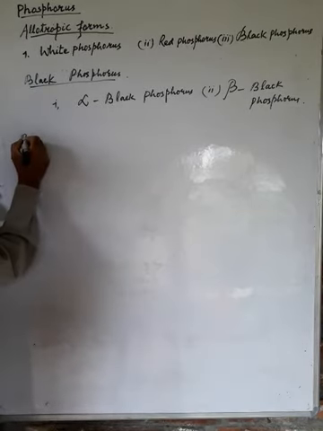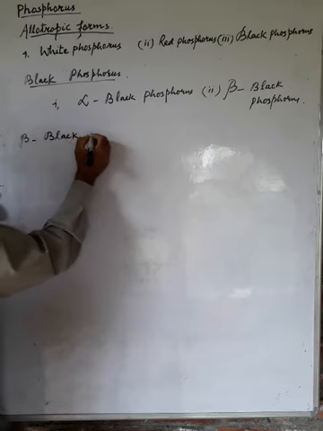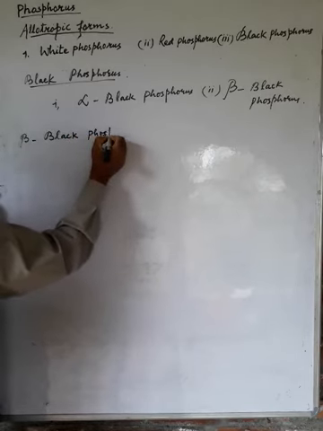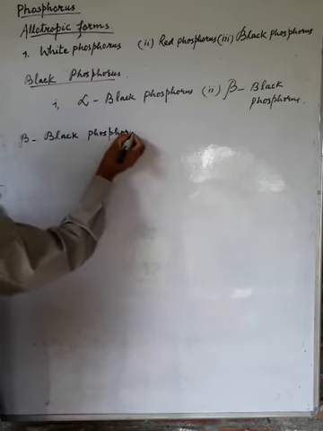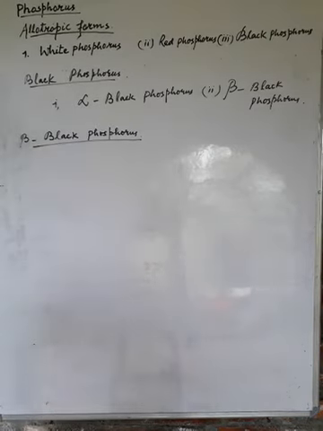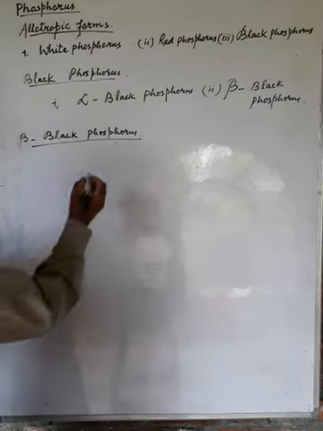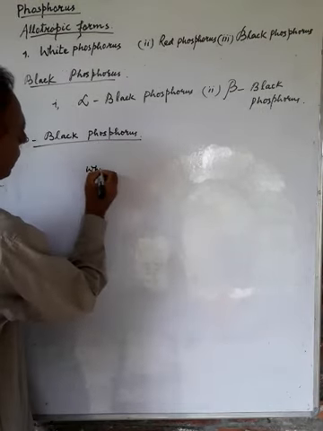So beta black phosphorus. This beta black phosphorus is obtained by heating white phosphorus.